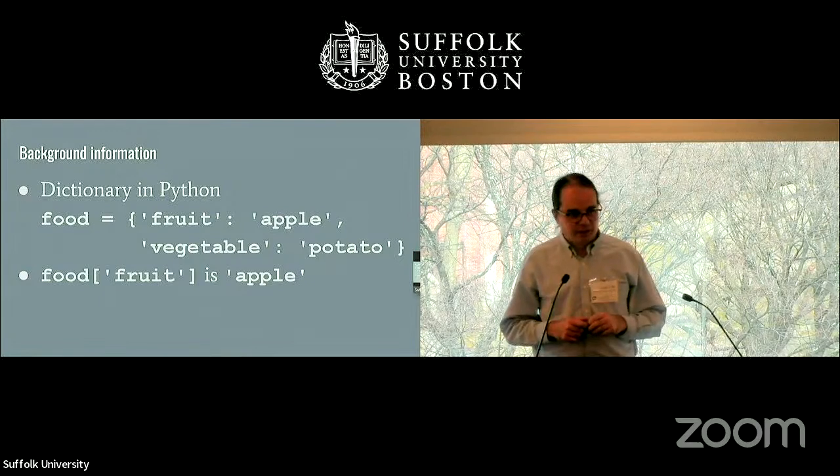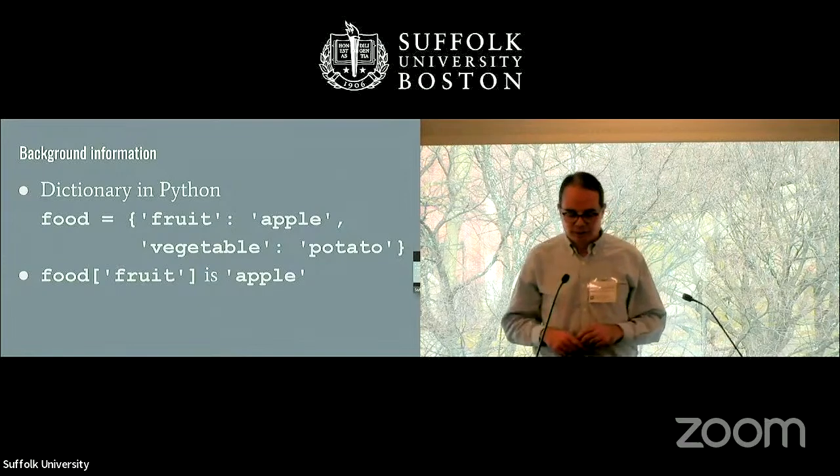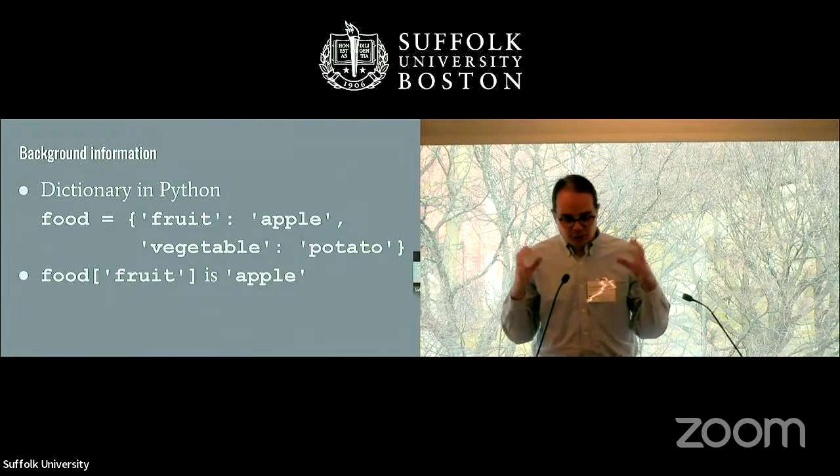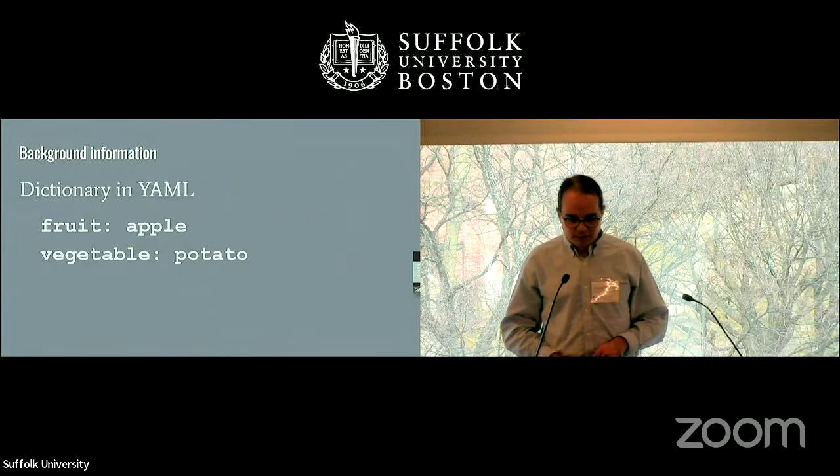And then there's a data structure in Python called a dictionary, which is just a key value pair. So fruit is apple, vegetable is potato, and that's represented with curly brackets. And you reference a particular item in a similar way to the list, except you use a string. And the way that YAML dictionaries are organized is with colons.